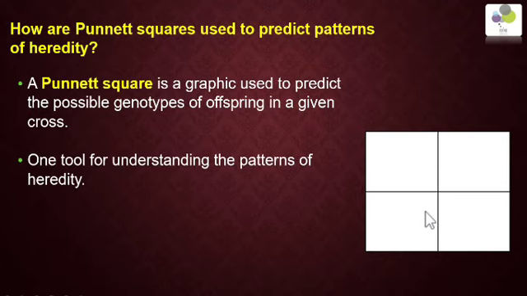As we know, traits pass from the parents to the offspring in patterns, and one of the tools that helps us know these patterns is the Punnett square. So it's a graphic used to predict the possible genotypes. We put the genotypes in these squares for a given cross, which is mating between the male part and the female part.